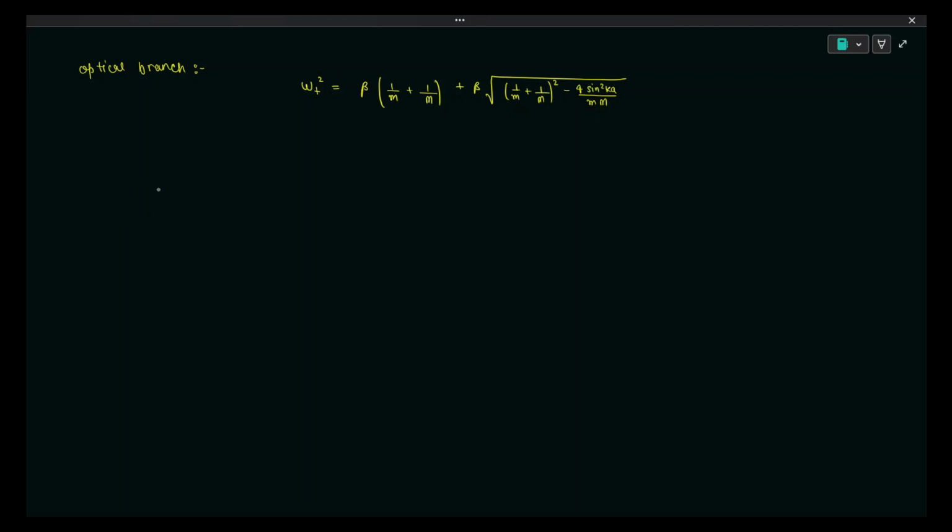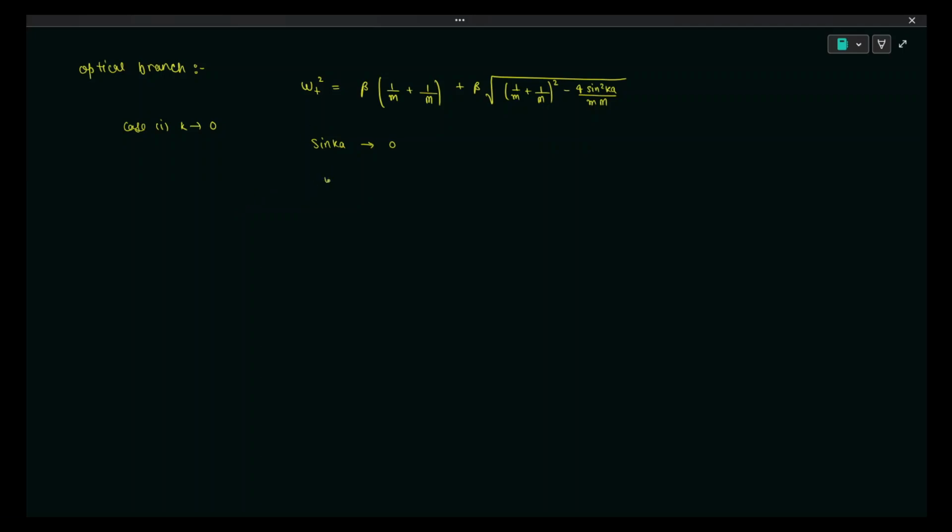Now let's see the limiting cases of the optical branch. For the optical branch, the dispersion relation is given with a plus sign between the two terms. Case 1: when k is tending to 0. In that case, sine Ka is very small, so I can approximate it as 0.